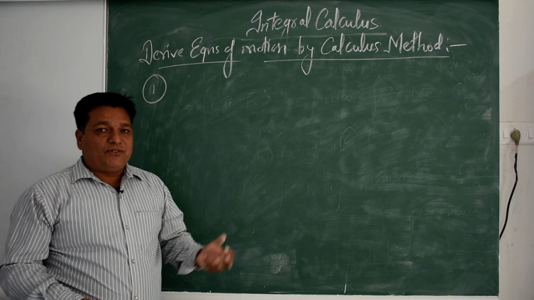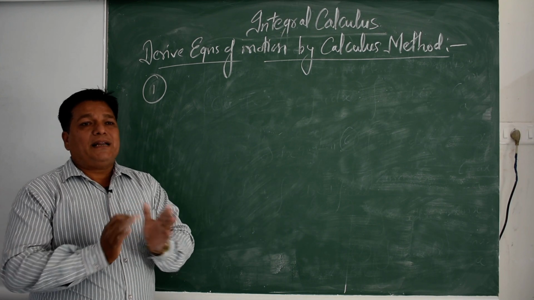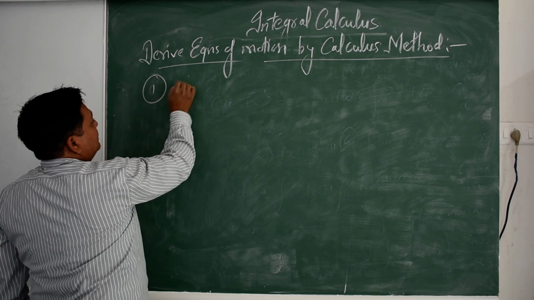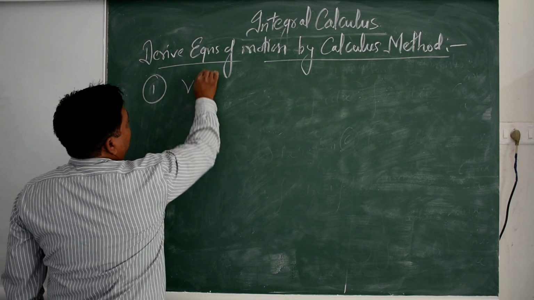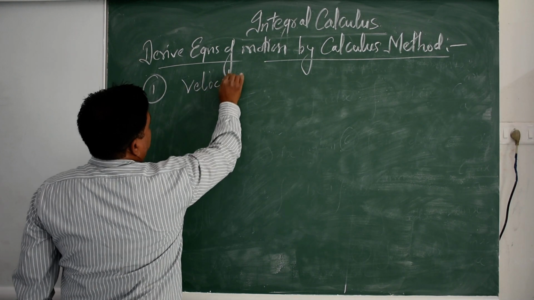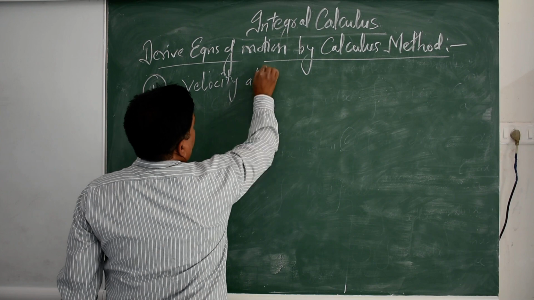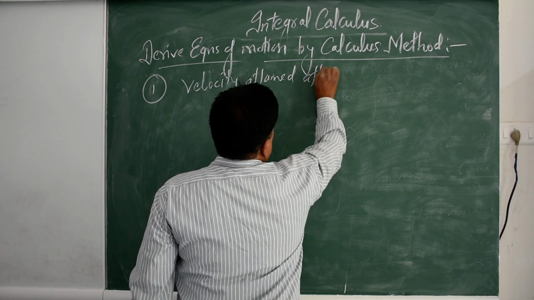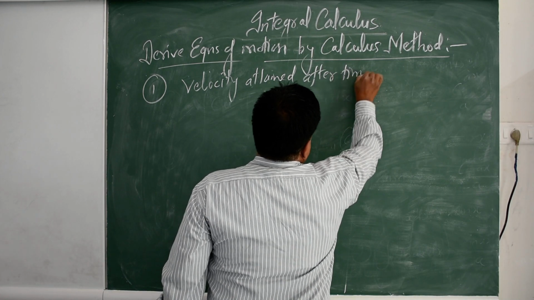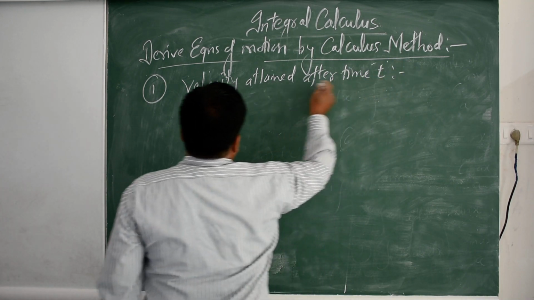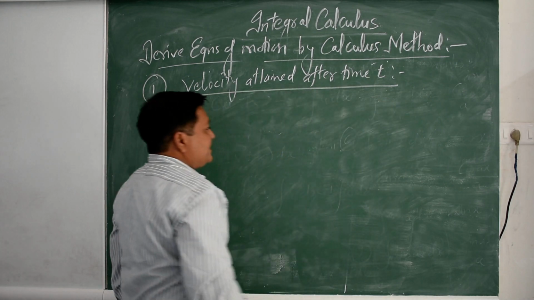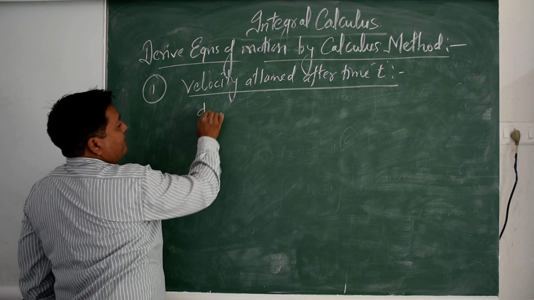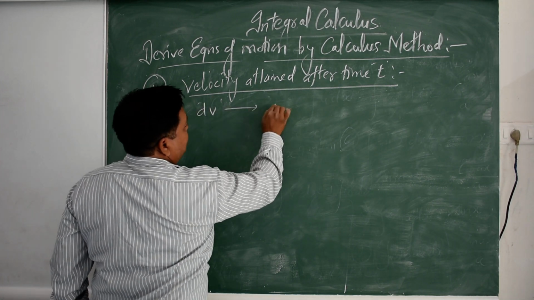Equation number 1 is the velocity attained by a particle after time t. Let us consider that a particle is in motion and there is a change in the velocity, dv, with respect to time dt.